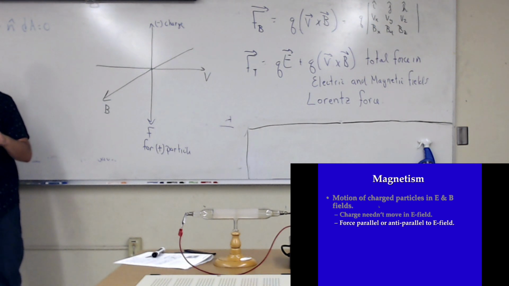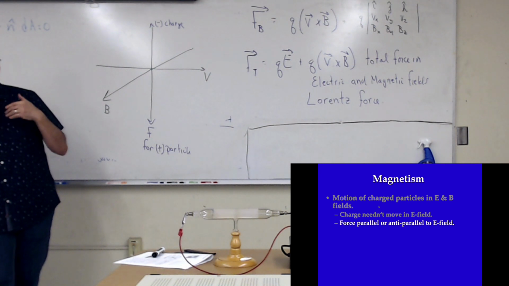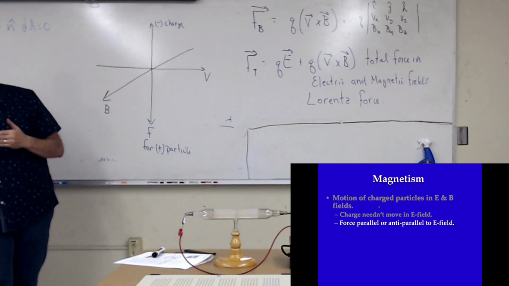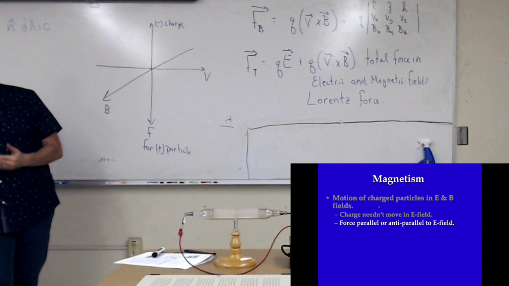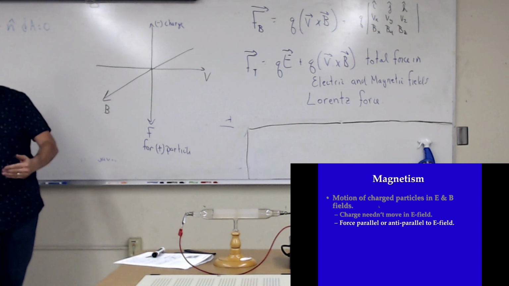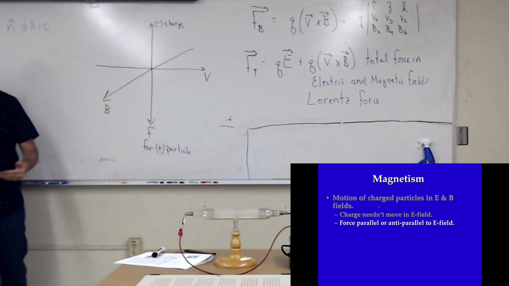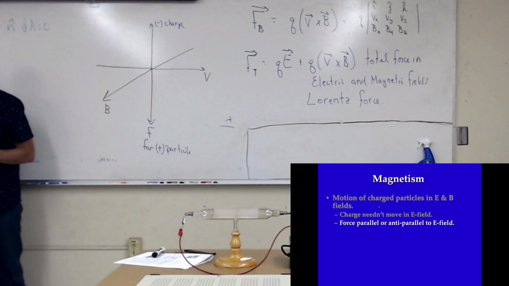The force will always be parallel or anti-parallel to the field. So if you have a positively charged particle, the force will be in the direction of the electric field. If you have a negatively charged particle, the direction of the force will be opposite to that of the electric field.